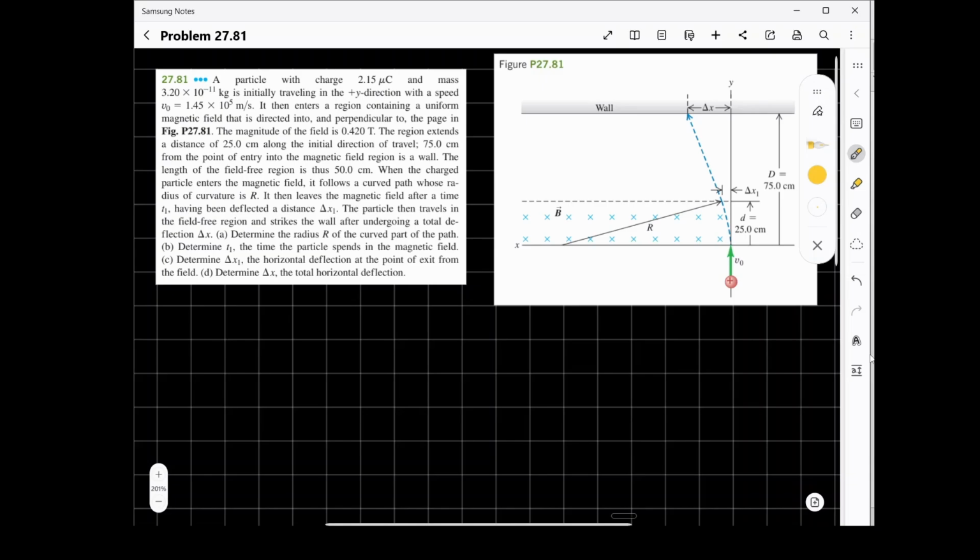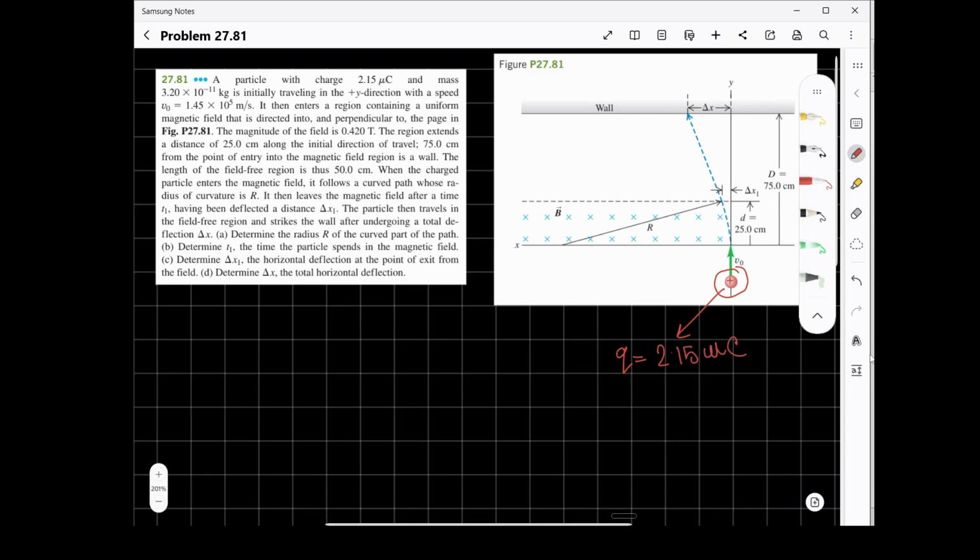A particle with charge 2.15 microcoulomb and mass 3.2 times 10 to the power minus 11 kilogram is initially traveling in the plus y direction with a speed v naught equal to 1.45 times 10 to the power 5 meters per second. Okay, so it's describing this particle here which has a charge 2.15 microcoulomb.